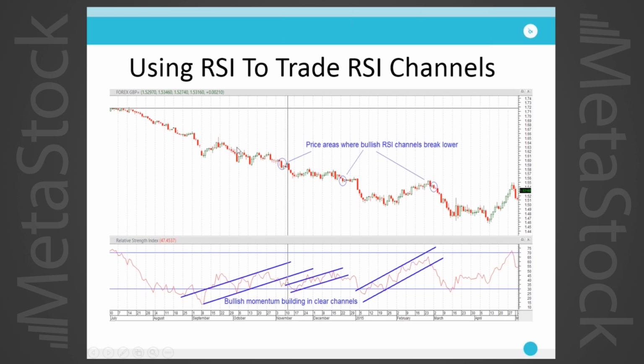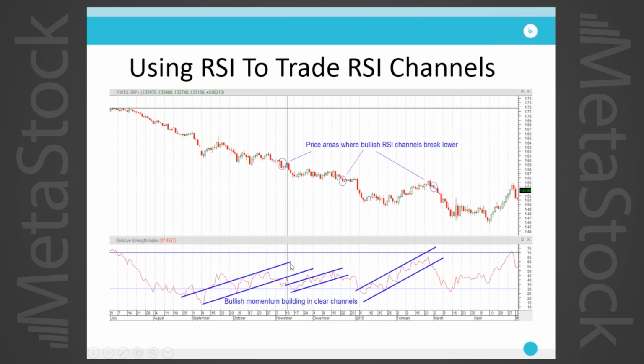So we can see that as price sold off, bullish momentum starts to build against it, highlighting divergence in the market. Buyers are trying to push price back up, momentum is driving back to the upside, and then what we get are these failure points whereby these rising trend lines concede and momentum rolls over and once again turns down.